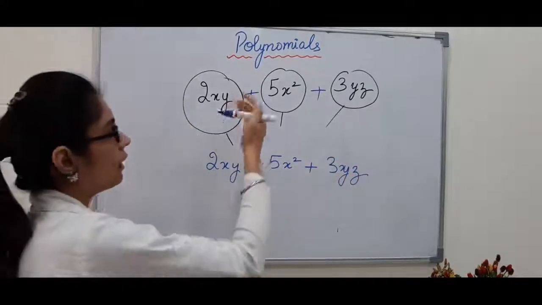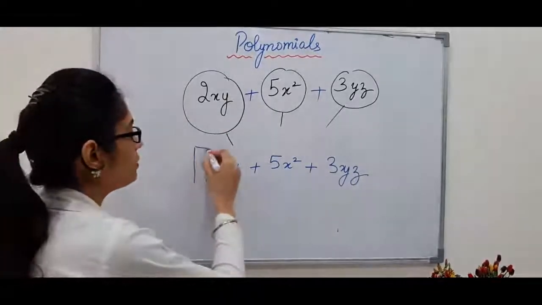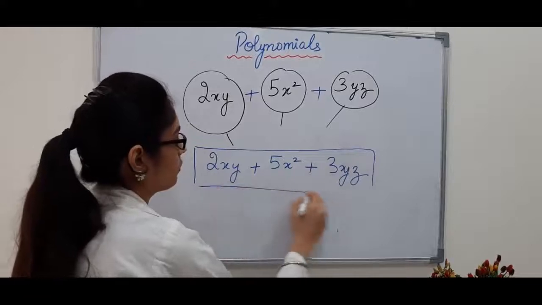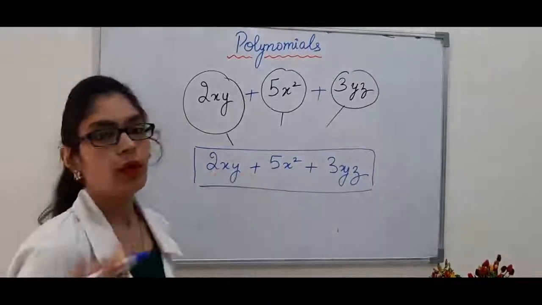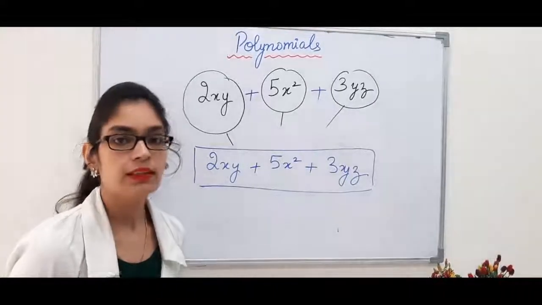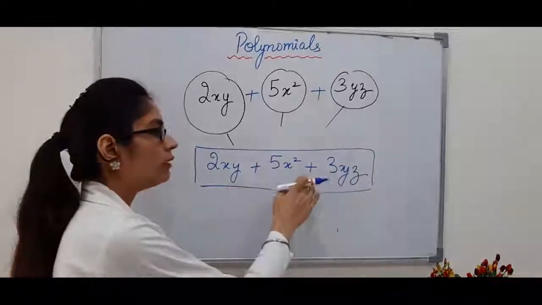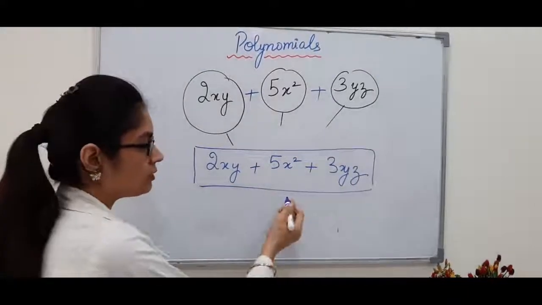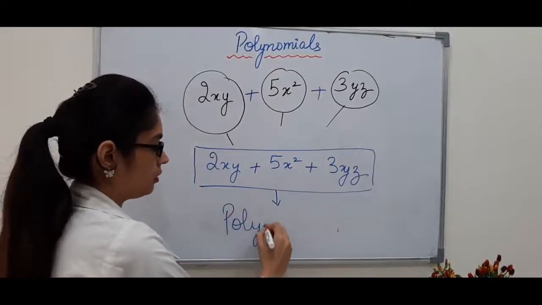So if I am adding all the algebraic terms, I am getting this term. So when two or more algebraic expressions are written together, either they can be added or they can be subtracted, these types of expressions are known as polynomials.